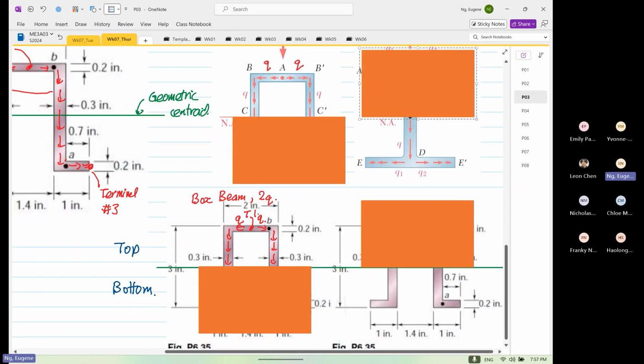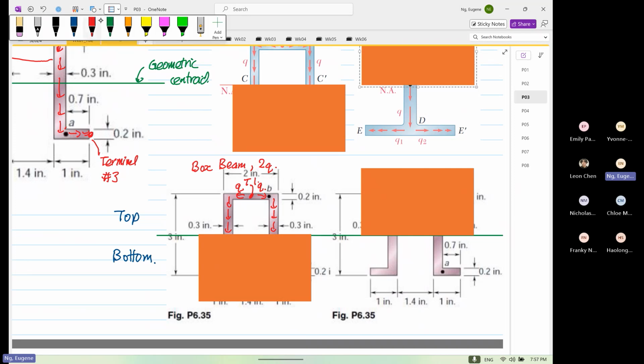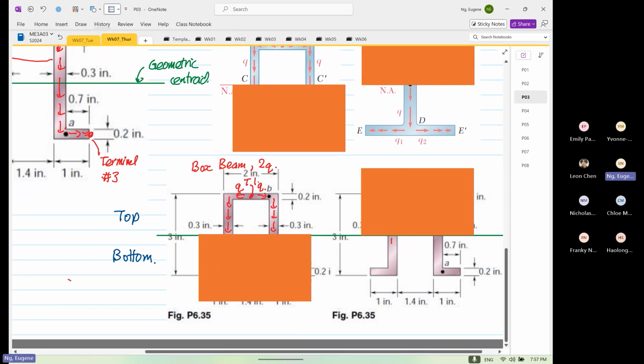Okay. So now I'm going to sketch the shear flow of our structure. Okay, so we know the major web controls the, okay. And this one we have terminal 1 over here. I call it terminal 1, okay.